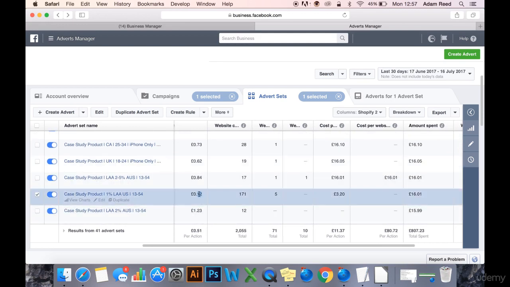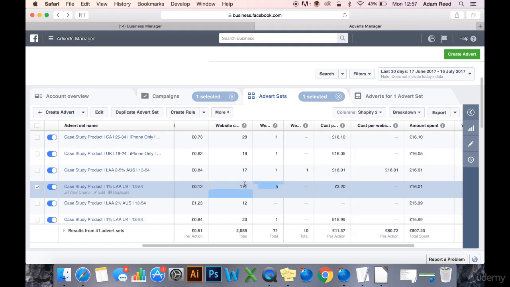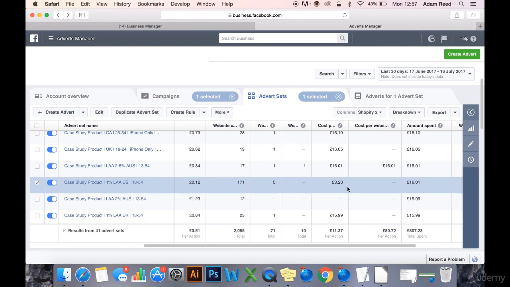12 pence CPC. Now this is good. This is really promising. It's only spent £16. Hopefully we'll start getting some sales from this. We've got 5 add to baskets for £3.20 per add to basket. But again, we should be getting more than 5 add to baskets from 171 product views. We really need to improve this product page, perhaps give it a better description or some new photos.